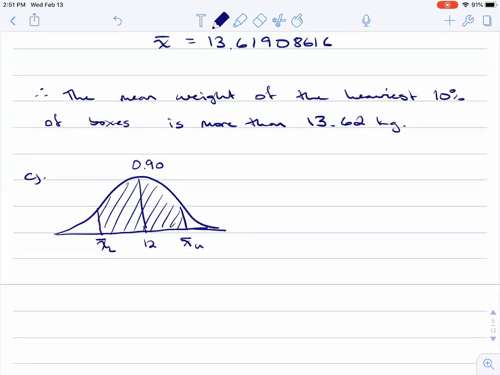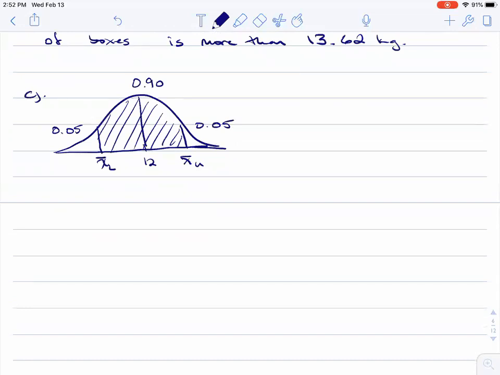If I've got 0.9 in the center, and it has to be symmetric, then I've got 0.1 left over, split evenly amongst the two tails, so 0.05 and 0.05. We use the trick that if we found the Z for the X bar lower, we can just drop the negative and use that same Z score for the upper value, because they have to be the same in order for it to be the central 90%.